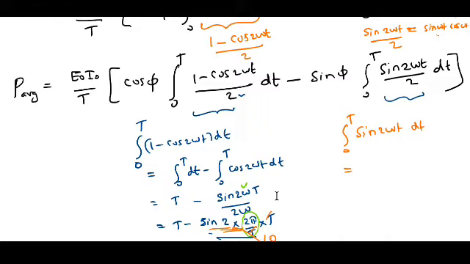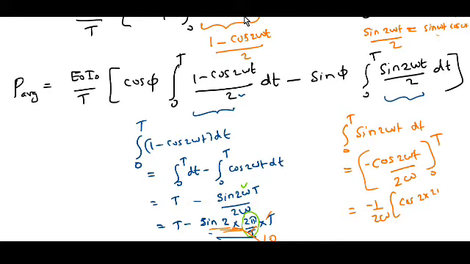Then if you do the integration, minus cos 2 omega t by 2 omega, here we have the limit 0 to T. You can take minus 1 by 2 omega outside, and this will be cos of 2 into 2 pi by T into T minus cos 0, because we apply the limit T first, that is this step, then you apply 0, this step.